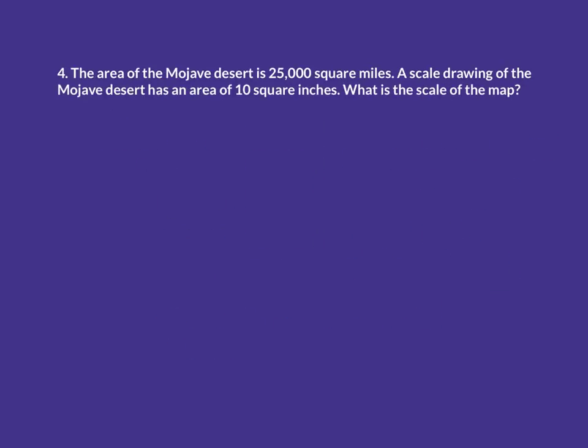Next problem. We have the area of the Mojave Desert. And they tell us that the area is 25,000 square miles. A scale drawing of the Mojave Desert has 10 square inches. So we went from 25,000 to 10.